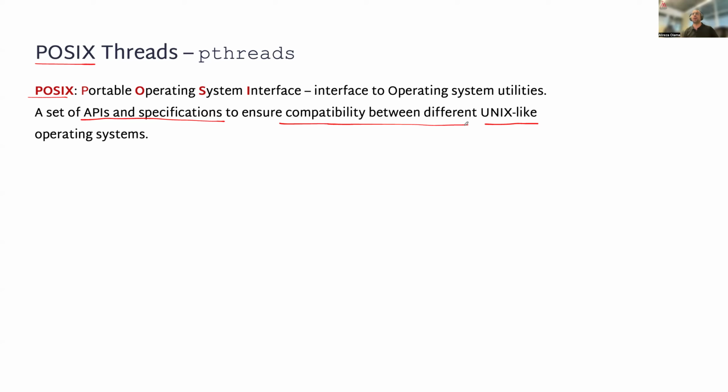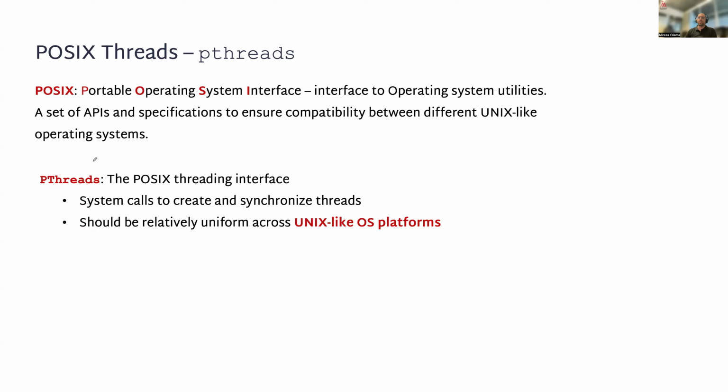One of the implementations and one of the APIs that this POSIX interface provides is POSIX Threads or Pthreads, which is a POSIX version of the threading library that you could have on your operating system, right?